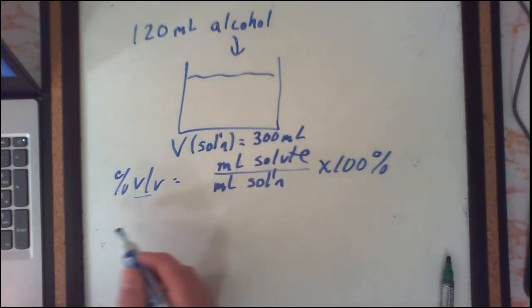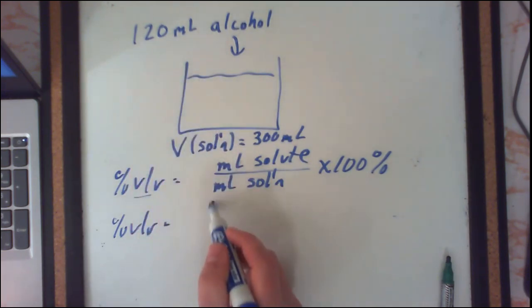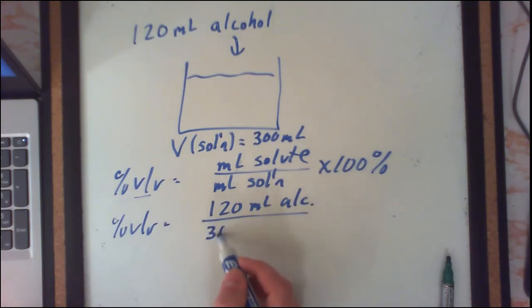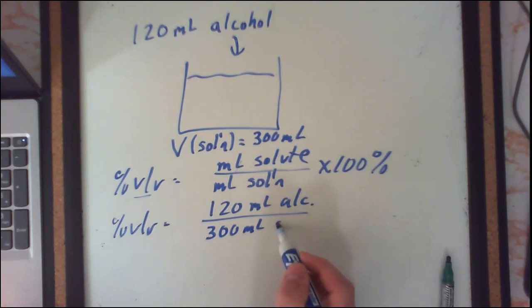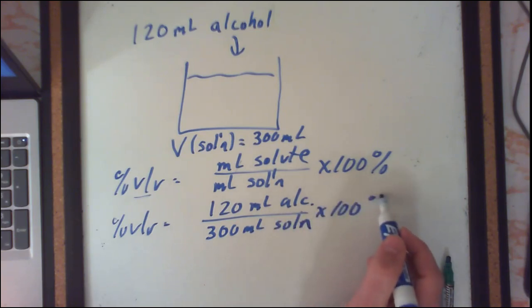So we have our two numbers. The percent volume is our 120 milliliters of alcohol divided by the total volume of solution times 100%.